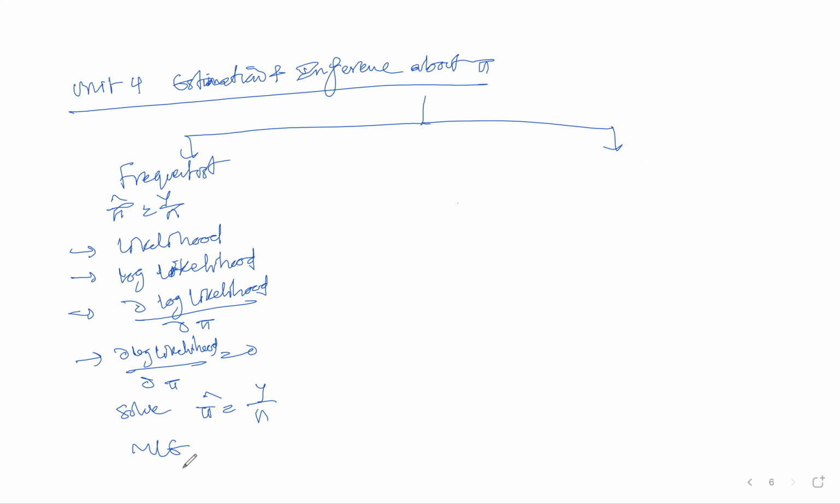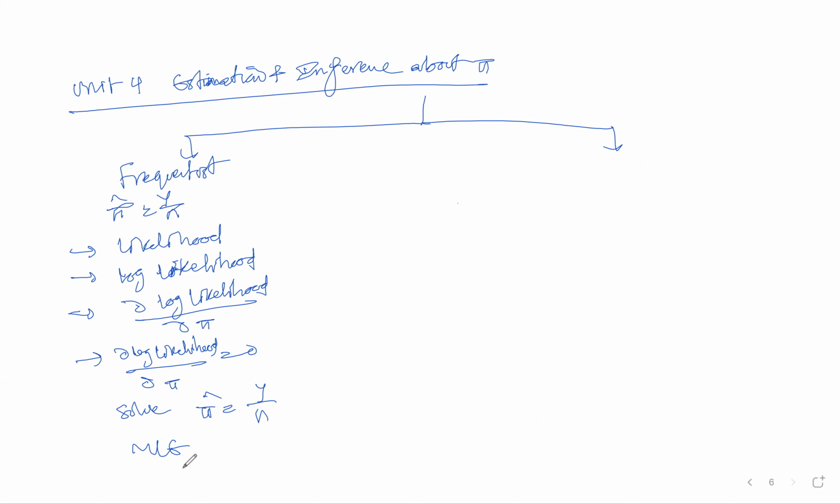And yesterday we also practiced another example, where the data follows a Poisson distribution. In this case, the data follows a binomial distribution, so you use the likelihood of the binomial, follow these steps: find the likelihood, log of likelihood, take the derivative with respect to pi, set equal to 0, and solve to find pi hat. This is the frequency approach estimation.